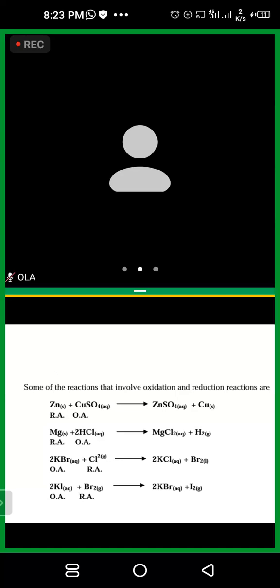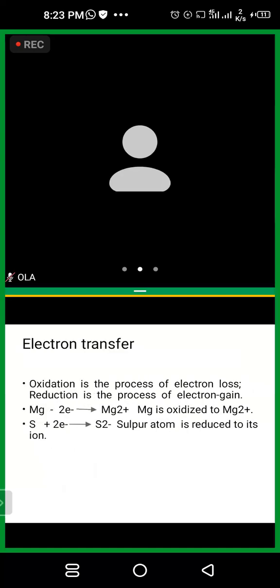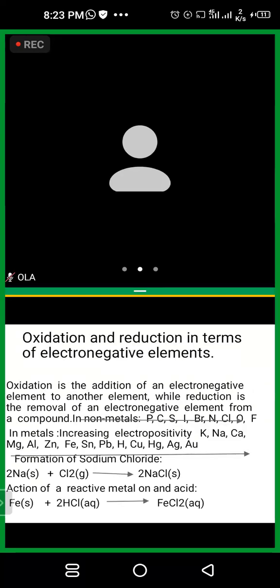If we go back to electronegative elements, looking at bromine and chlorine, chlorine is more electronegative than bromine, because we see that chlorine is in the front and bromine is behind.